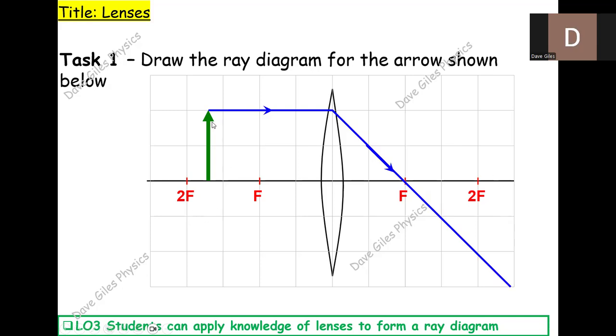The second ray goes from the top of the object through the center of the lens, and then the image will appear where the two lines meet. So if you've drawn it out, you should have it roughly in the middle of this box here on the right. And you can see it's going to be bigger than the original image.